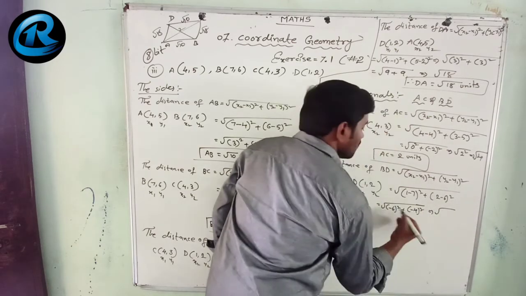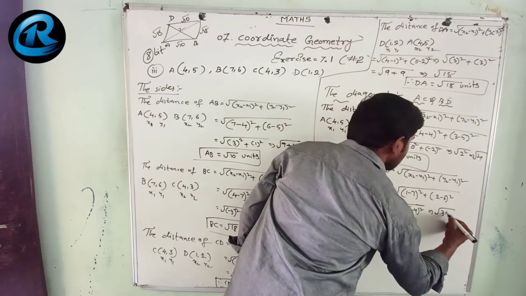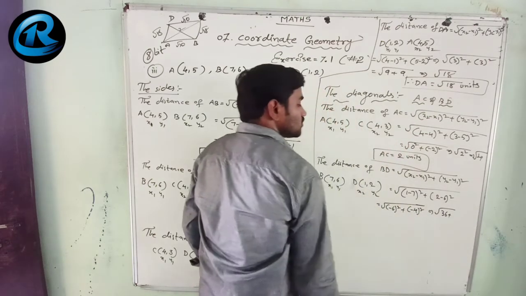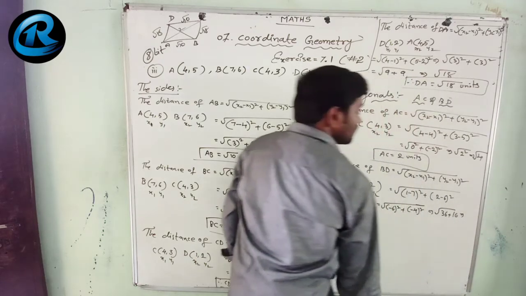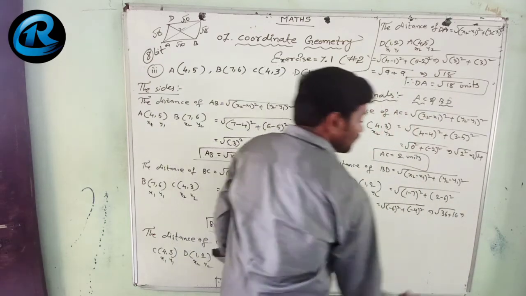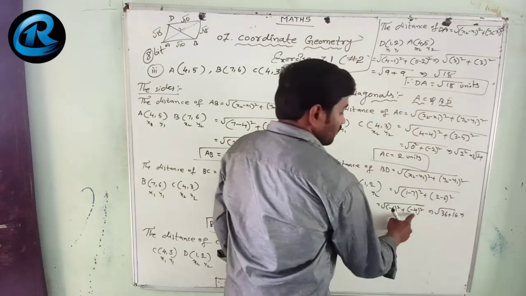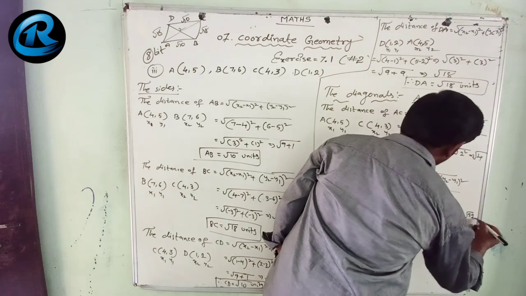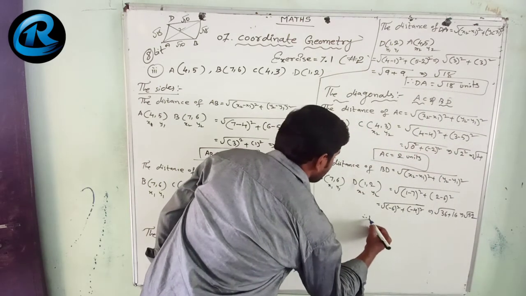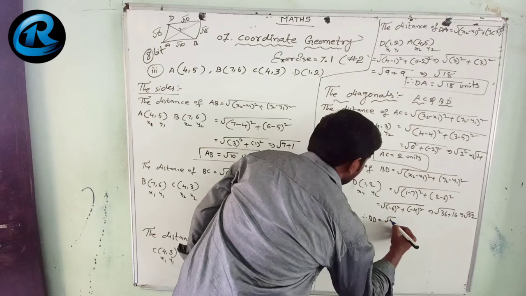That is minus 6 square, that is 36, plus 4 square value is 16. That equals 52. Yes, 4 square 16, 6 square 36, equals 52. Under root of 52 units. Therefore, BD equals under root of 52 units.